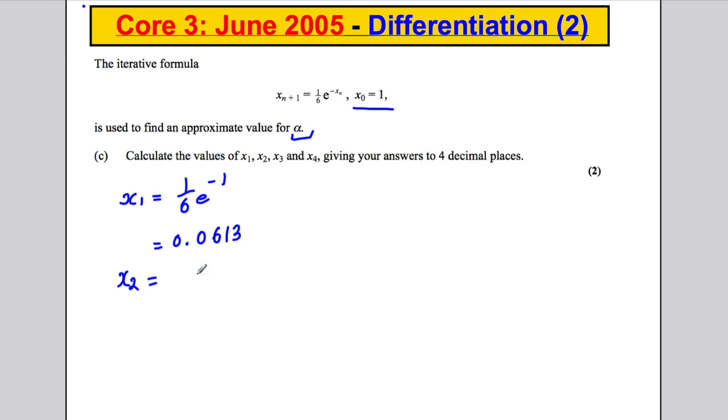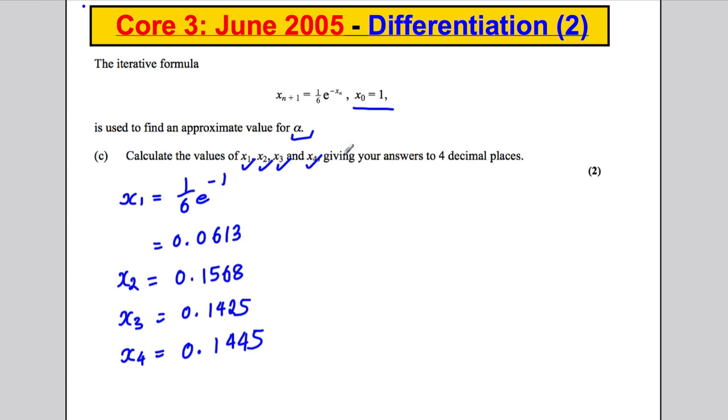You can use the ANS function in your calculator. So you do that and you would get 0.1568. You do it another time using the ANS function, you would get 0.1425. And you do it one more time on your calculator and you would get 0.1445. And there are your x1, x2, x3, x4 to 4 dp.